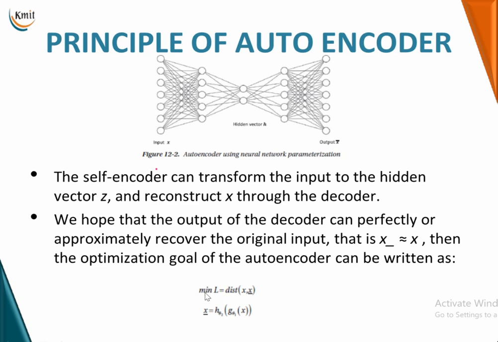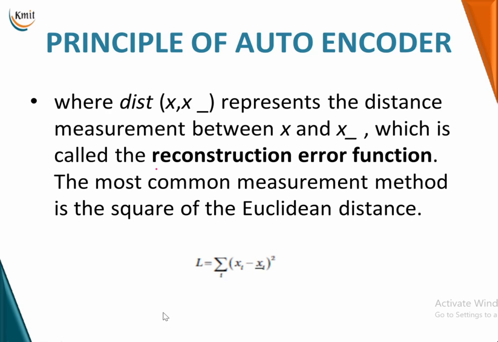The error will be calculated through a loss function, which we want to minimize, of course. The loss function is the distance between x, which is your original input, and the reconstructed output x bar, and you want to minimize this loss function. This is what we call the reconstruction error function, and of course it makes use of Euclidean distance to calculate.